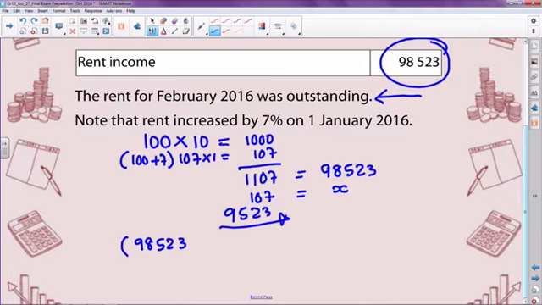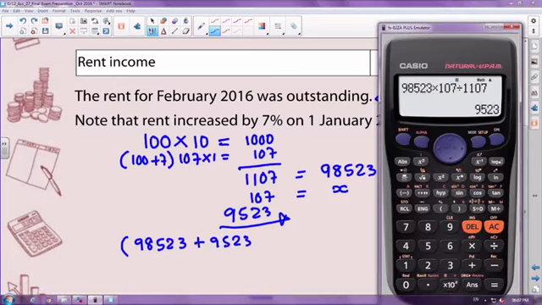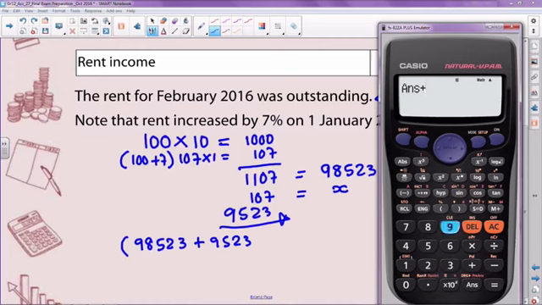It's rental that is due to us that we haven't received, so we will debit accrued income and credit my rent income with 9523, and obviously we've got the 9523 plus 98,523, and that gives you your rental figure of 108. Let me just check if that is right, let's just do that again.